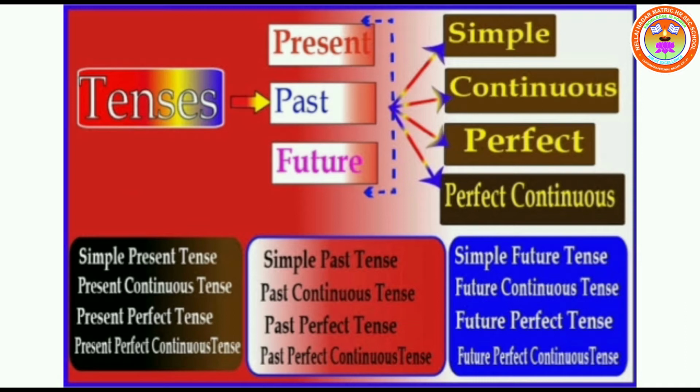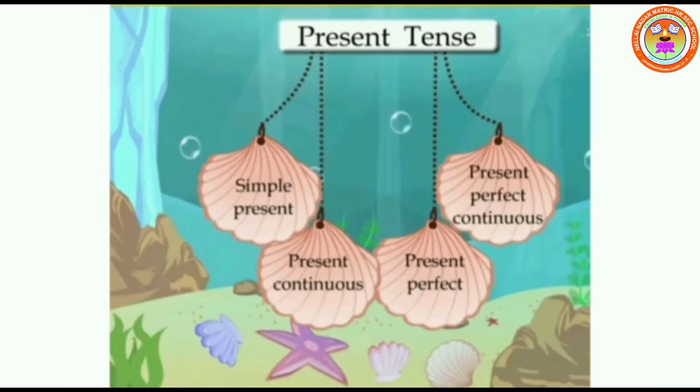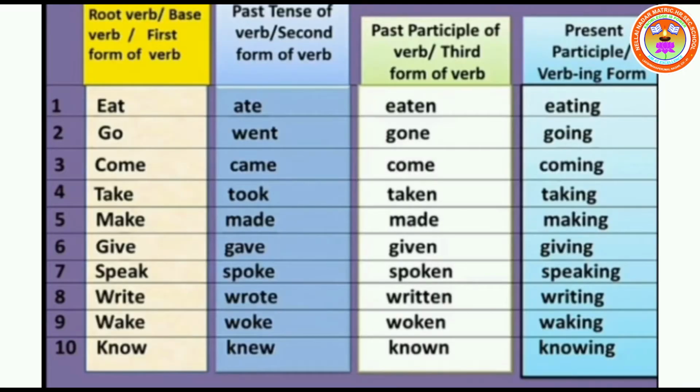In present tense, we have simple present tense, present continuous tense, present perfect, and present perfect continuous tense. Can you see the table, children? Now observe it carefully. We are going to learn about verb forms. They are present, past, past participle and present participle.